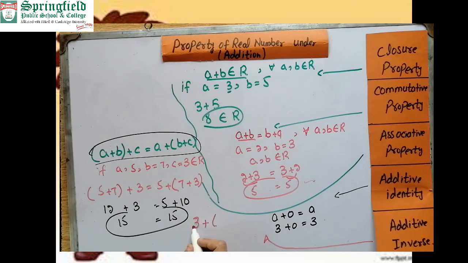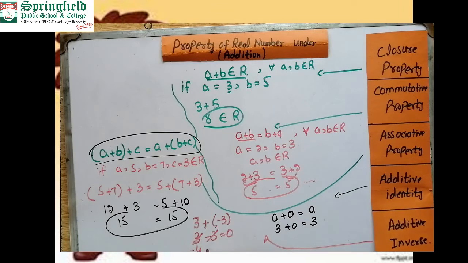This is the plus 3 value, so what will be the inverse of plus 3? Minus 3. So 3 plus (minus 3) is 0. You will get 0 as the answer when the additive inverse is added to that value. Let's suppose here is another number, minus 4. What will be the additive inverse of minus 4? 4. Inverse means the opposite number. Understood, beta? Okay.